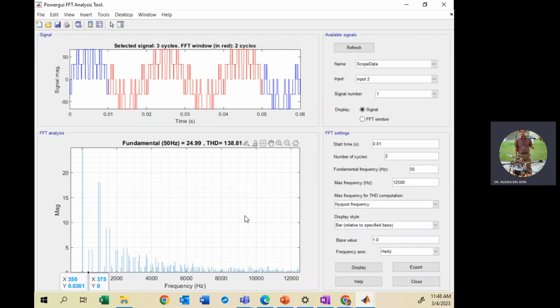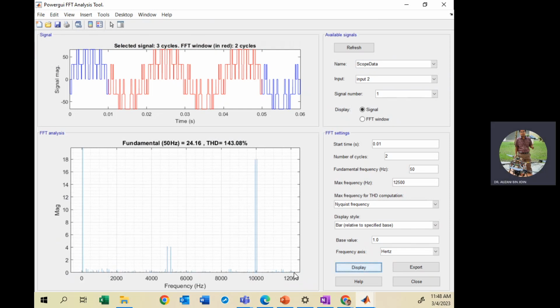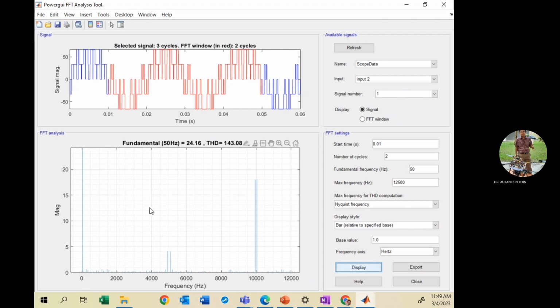Tools, FFT analysis, display. Now you can see the nearest harmonic is located at 5K. So you push the harmonics to be located at a higher frequency, so then we can minimize the size of the filter. So that is the purpose.